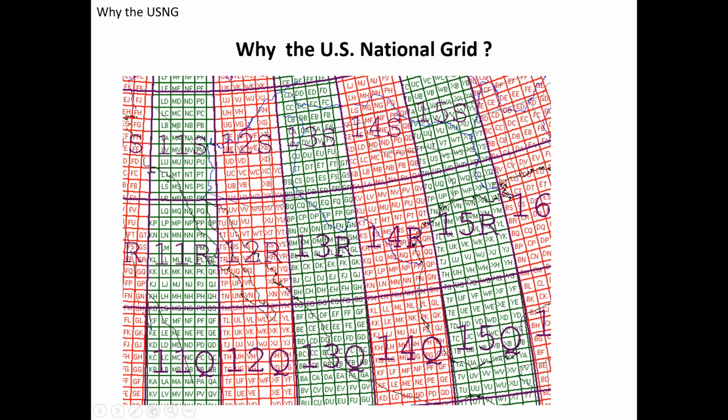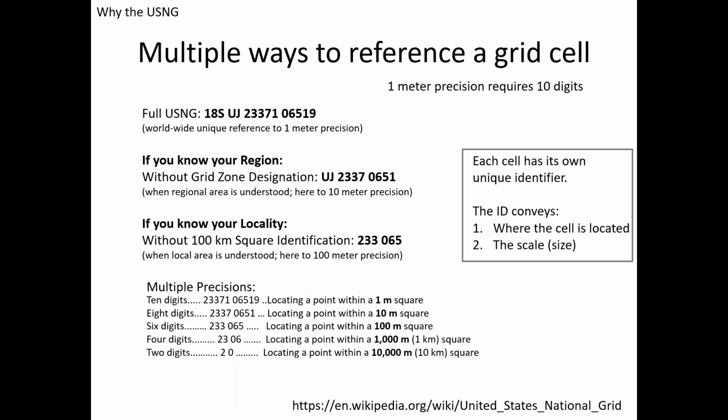Now, once you have found your GZD, then you move to a 2-character gridded system there. And this is so carefully thought out that they don't duplicate for like 800 miles. So you're safe with that.